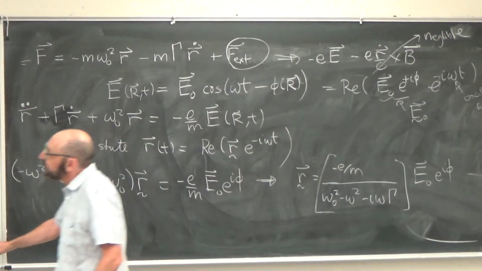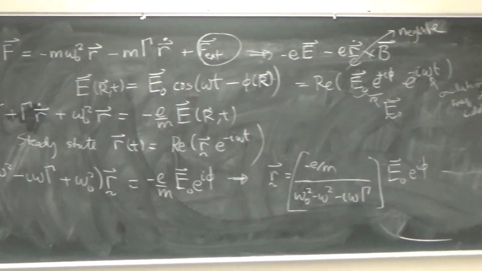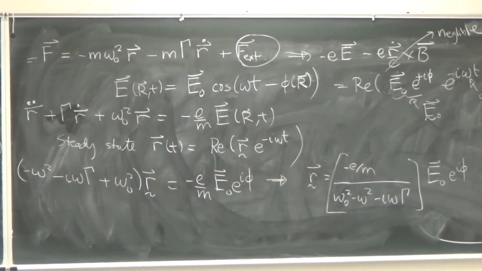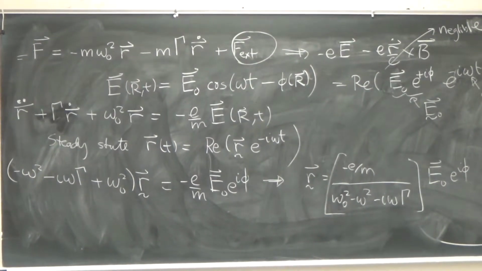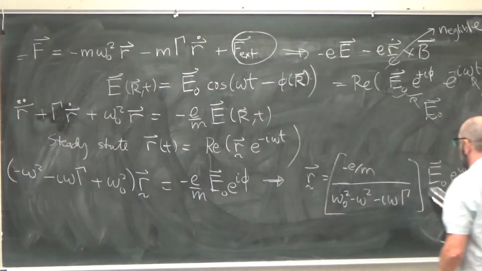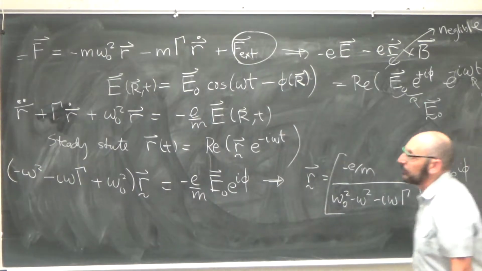So, in steady state, this electron is going to be displaced from its equilibrium value by an amount proportional to the electric field.